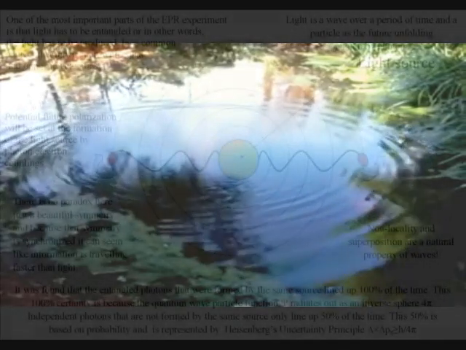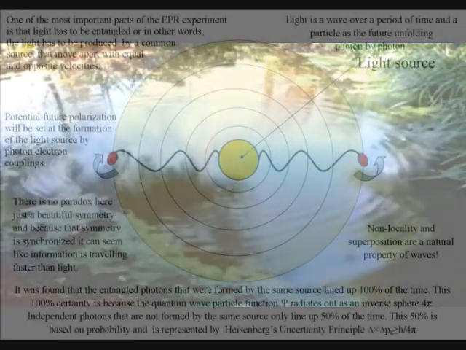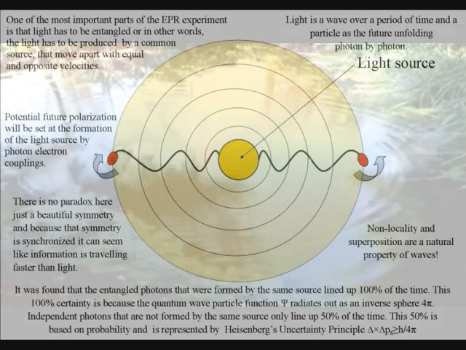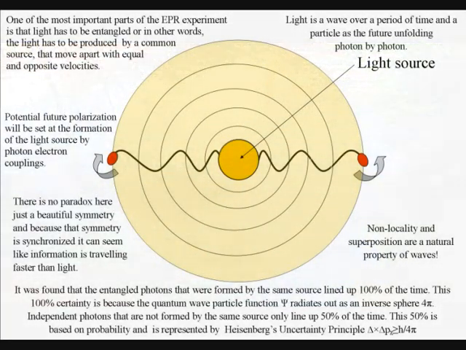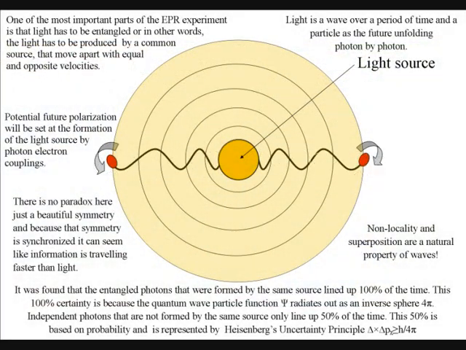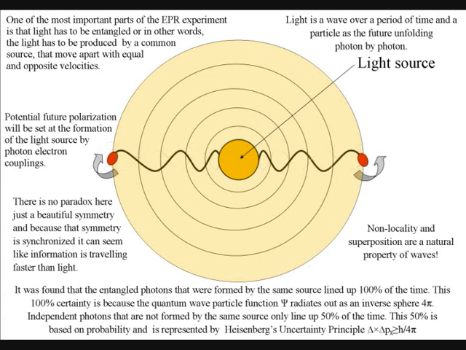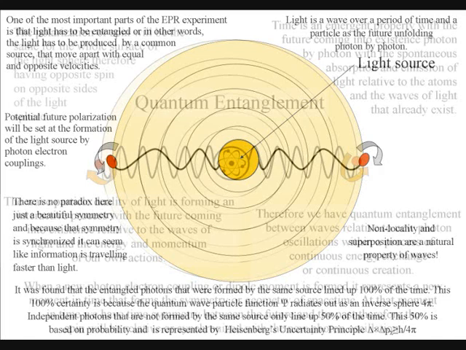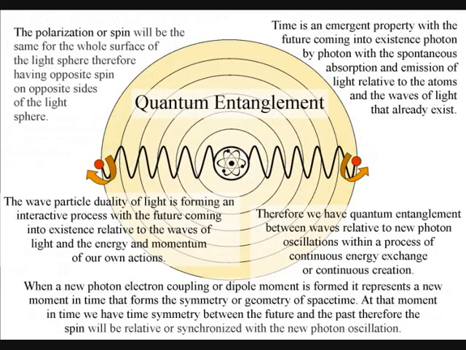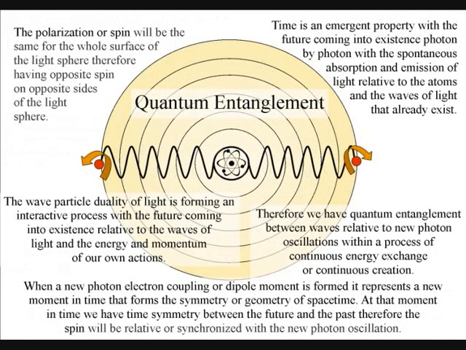Light waves of a common source will have spin or polarization relative or synchronized to this new photon oscillation. This is a continuous process unfolding all around us, with the spontaneous absorption and emission of light.